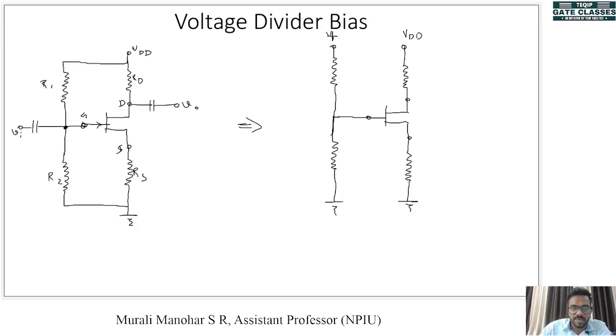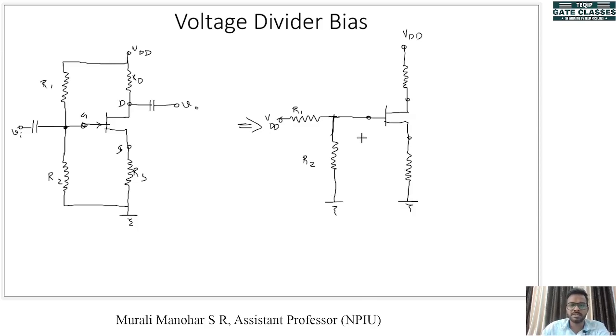Here it has VDD because I just split this. This is R1. This is R2. So if I redraw this upper resistor, we can redraw it like this. Here it is VDD and this is R1. Now we can find out a Thevenin equivalent of this.